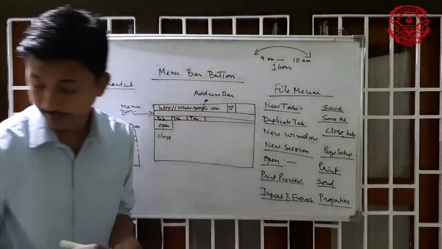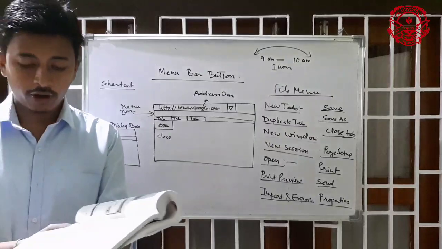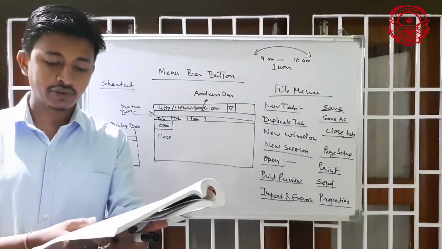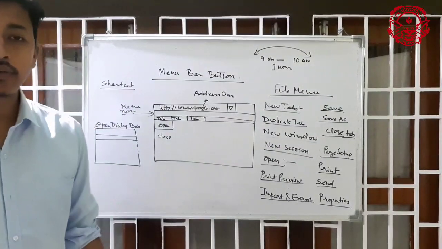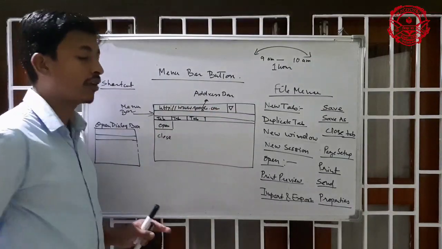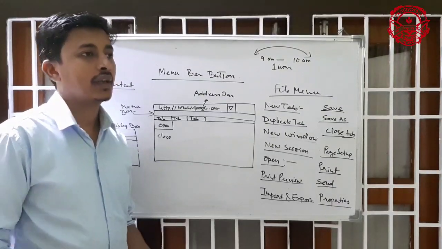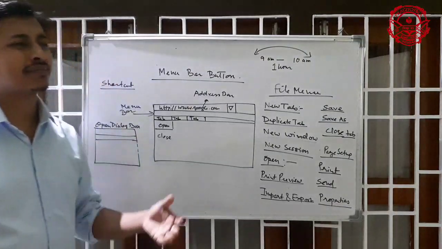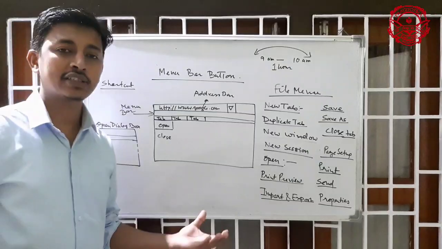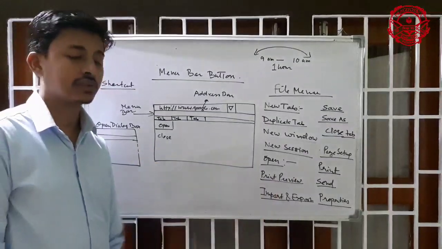Properties means what? You can see in the book, it displays the properties of the page including general and security information. It will give the information of properties of this website and also the security information. For example, security versions, or updates that are coming, you can update from the properties option.